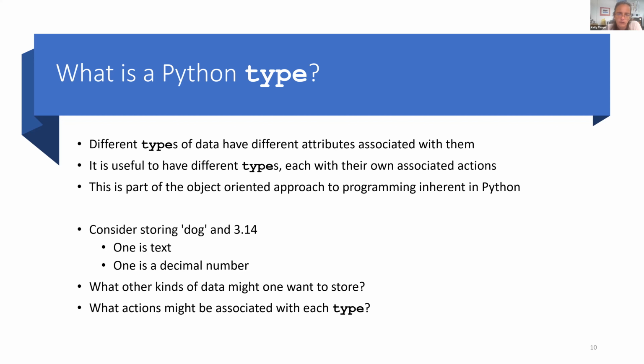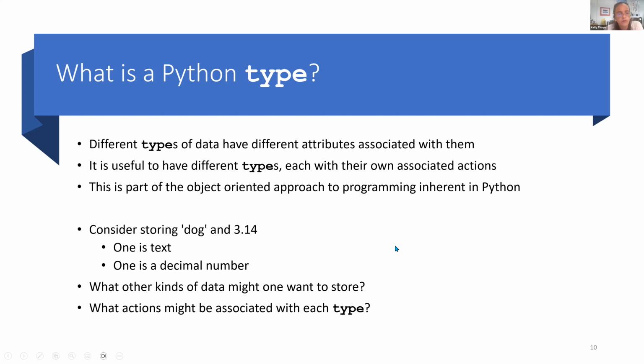It's useful to have the different types, each with their own associated actions, and this is part of the object-oriented approach in Python programming, or well, really in object-oriented programming in general. That idea of having a type and having certain things that you can do with each one. So we would say that one is text and one is a number.